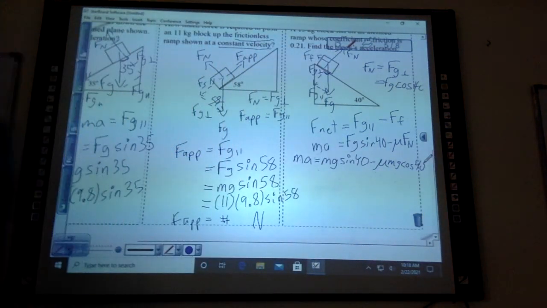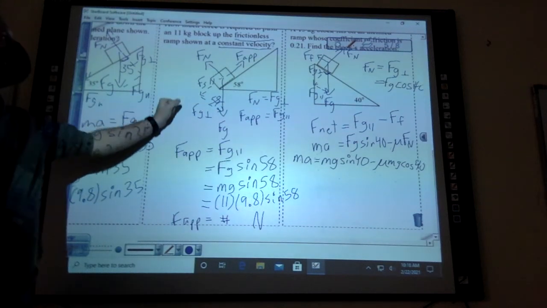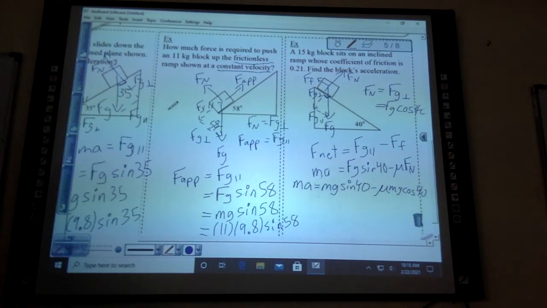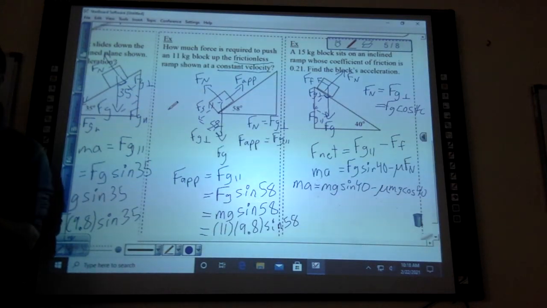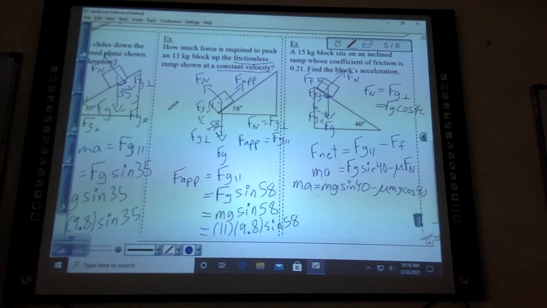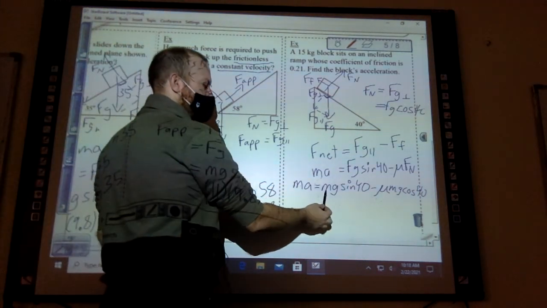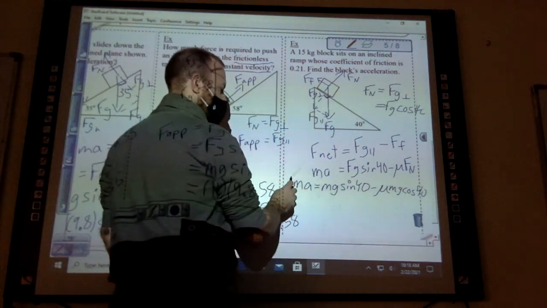Do we have all these variables now? Do I have the mass? Yep. Do I have the acceleration due to gravity? Yep. Do we have mu? Yep. Does the mass matter in this case? No, it cancels out. Notice I've got mass here, I've got mass here, I've got mass here.